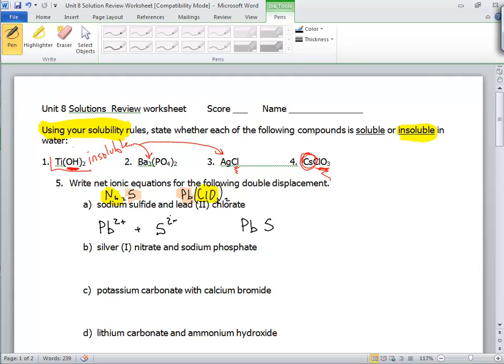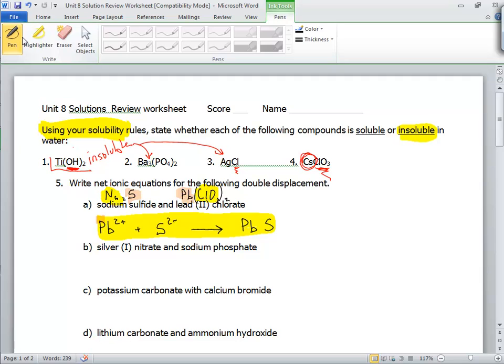And we're going to include the charges, and then we're going to show that they combine when they are in solution because they are not soluble and they're going to form a precipitate and settle to the bottom of the container. Now that, the highlighted equation here is what you need for the net ionic equation. Let's look at the next example.